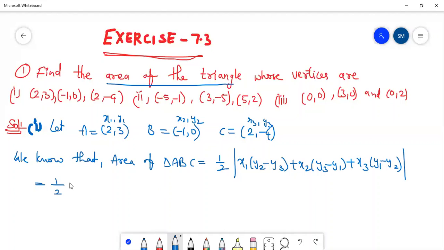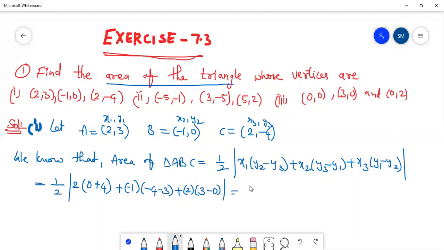We get 1 by 2 into x1 is 2, y2 is 0, y3 is minus 4, so minus into minus is plus 4, plus x2 is minus 1, y3 is minus 4, y1 is 3, that is minus 3, plus x3 is 2, y1 is 3 minus y2 is 0.